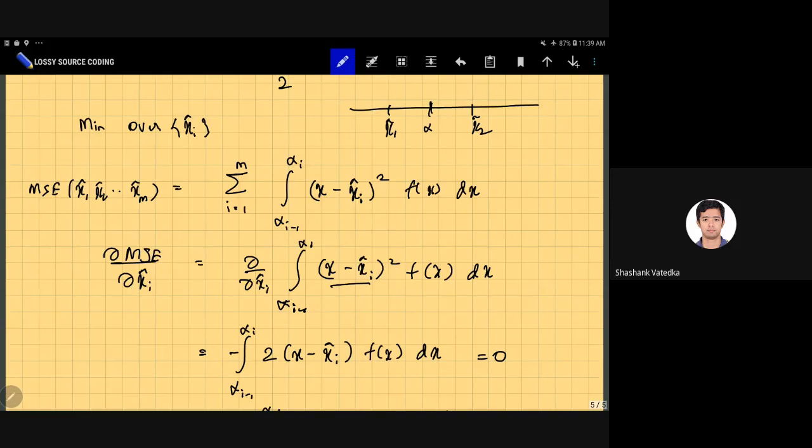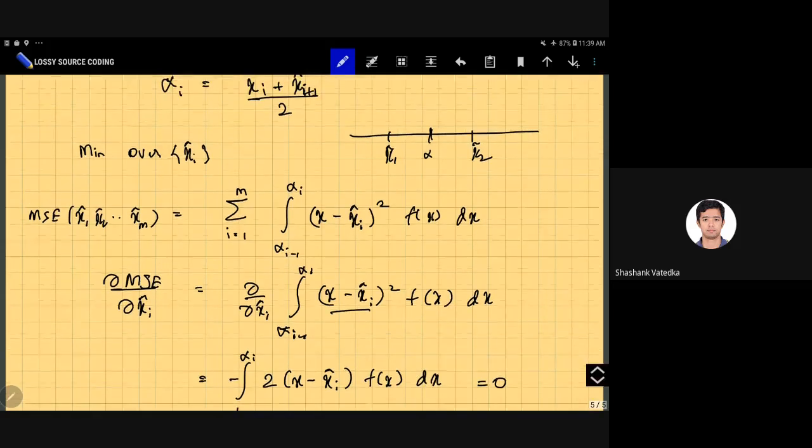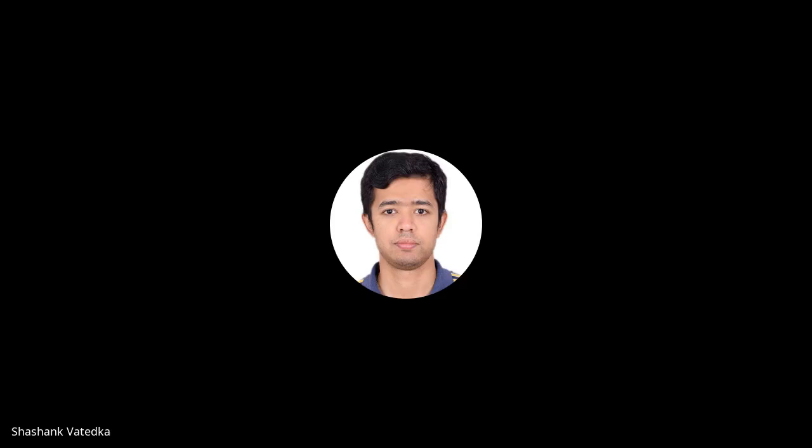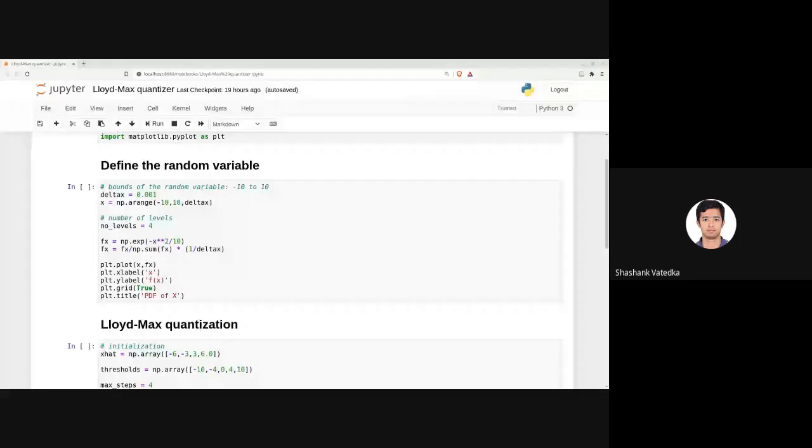All right, so let's see an example of what you've seen so far. Let's do an example problem for the Lloyd-Max algorithm. I've just written up some code for designing the Lloyd-Max quantizer for an arbitrary random variable which is bounded between some particular value.